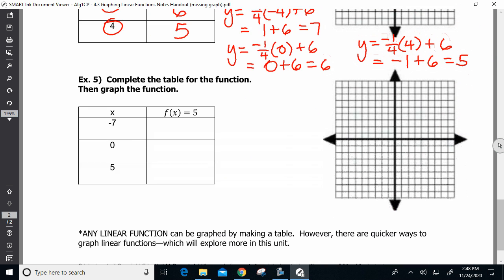Last example is example 5. Example 5 is a special type of function, special type of line. So first off, notice your function is f of x equals 5. Remember, f of x equals 5 is the same thing as y equals 5.